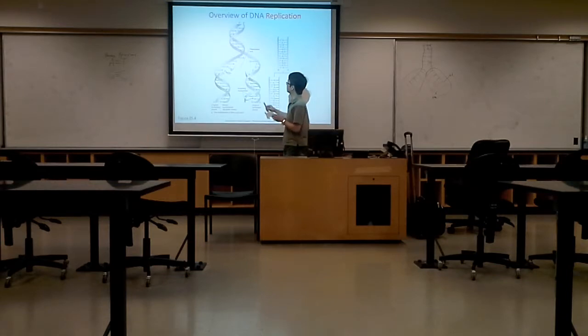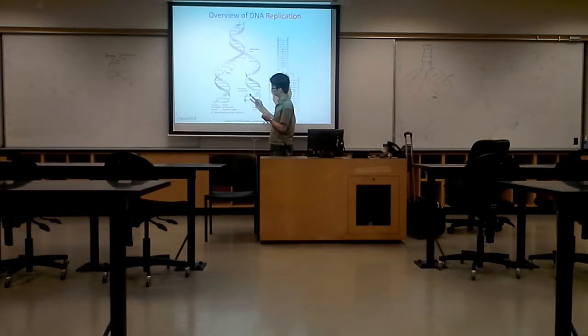And you can see that this is a double helix. The unwinding and opening of the double helix is done by the helicase, DNA helicase. And then each strand will be bound by a DNA polymerase.